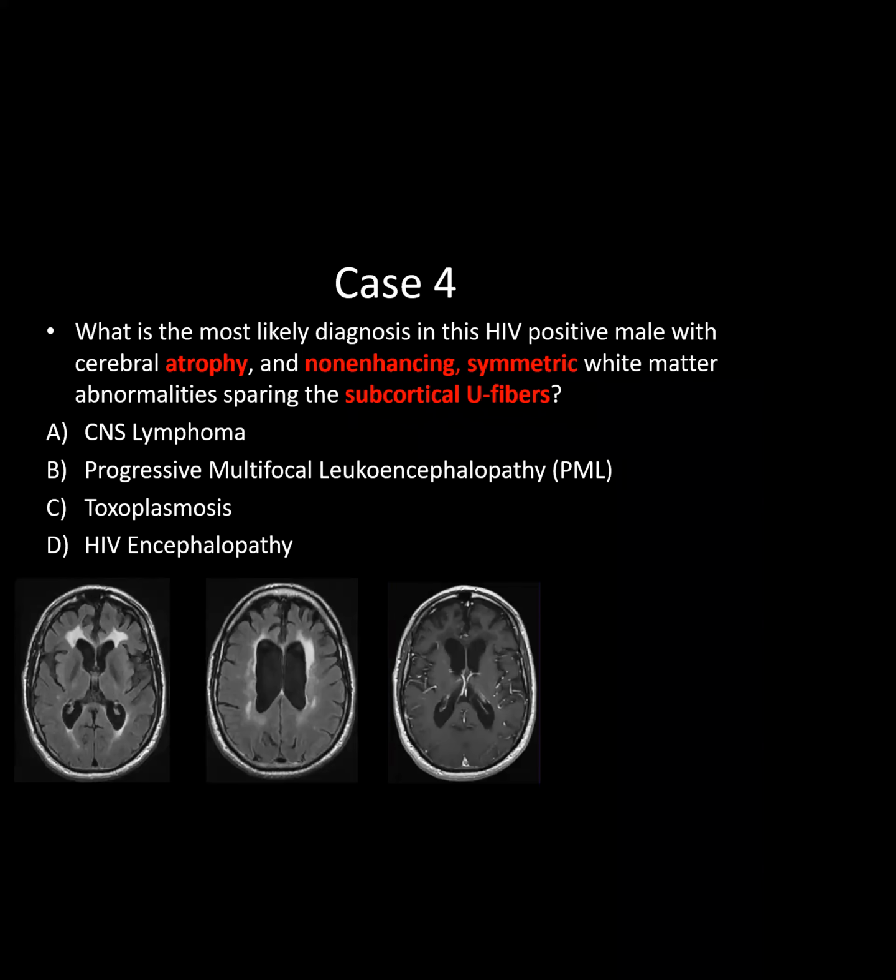The main thing you're seeing here is a young person with brain atrophy that's cortical and also central, with large ventricles from white matter volume loss. There's pretty symmetric deep and periventricular white matter abnormal signal, and no real enhancement. Even though it's in the periventricular area, it's not enhancing, so I think lymphoma is not a good choice for this.